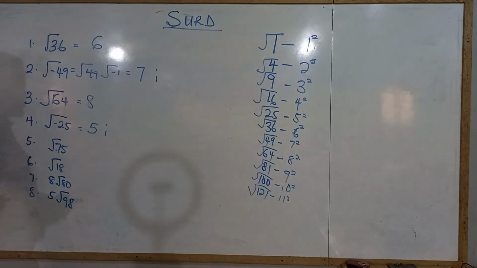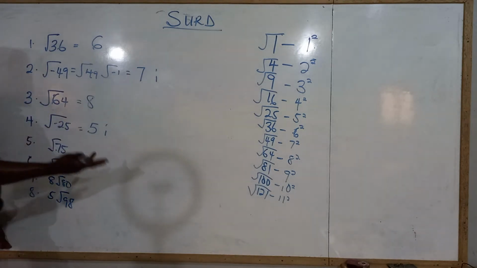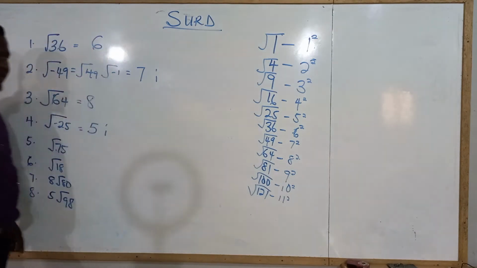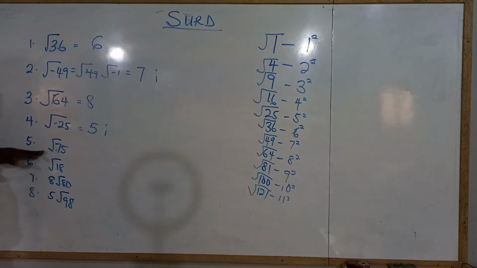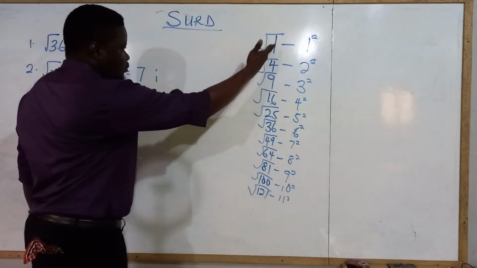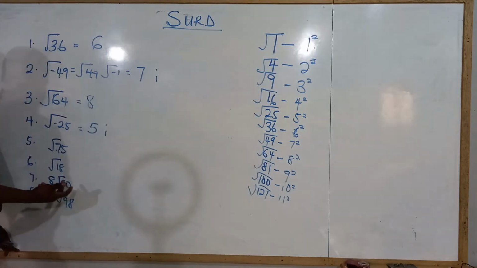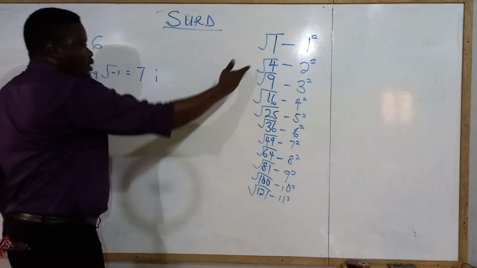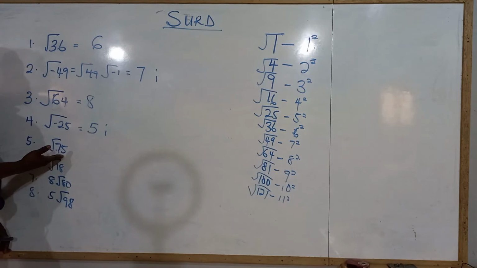Square root of 75. Now we can see that 75 is not a perfect square. So if 75 is not a perfect square, then how do we simplify it? We look out for a common factor which can be multiplied to give us 75.